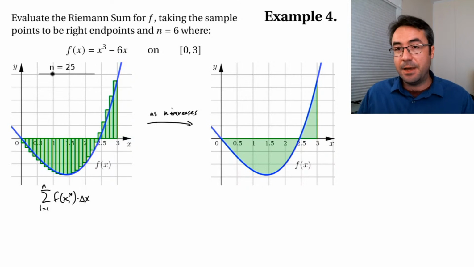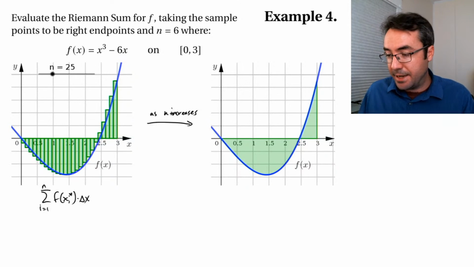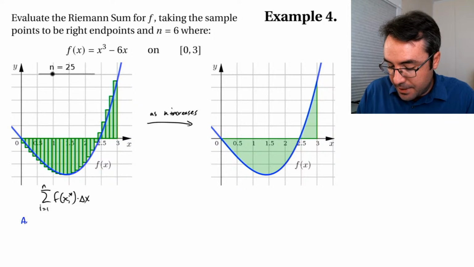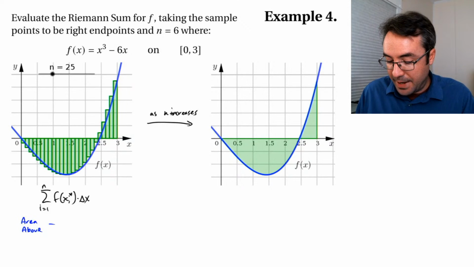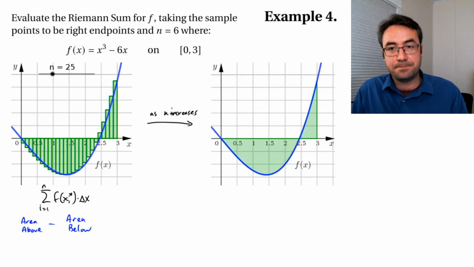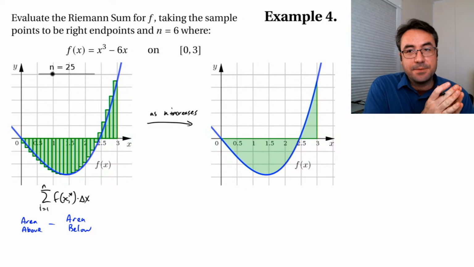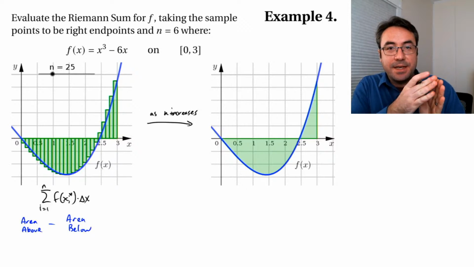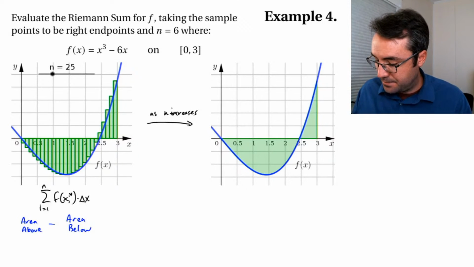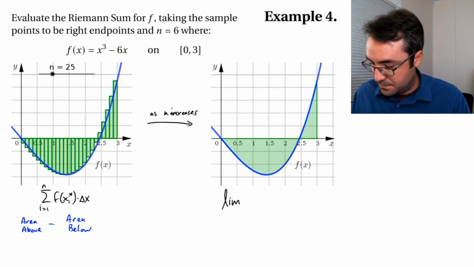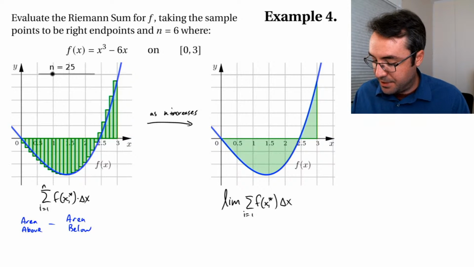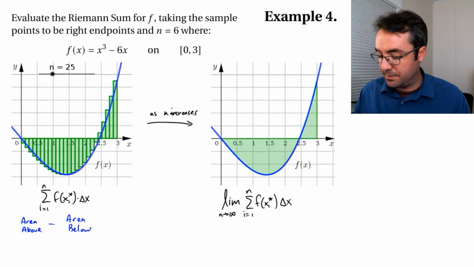And really what this Riemann sum is calculating is the area of those rectangles that are above the x-axis minus the area of those rectangles that are below the x-axis. And as we let n go to infinity, we're getting our limit definition of the definite integral.